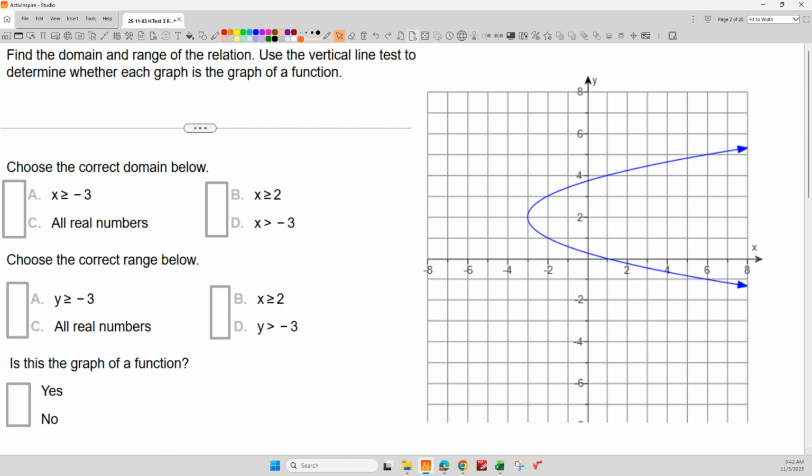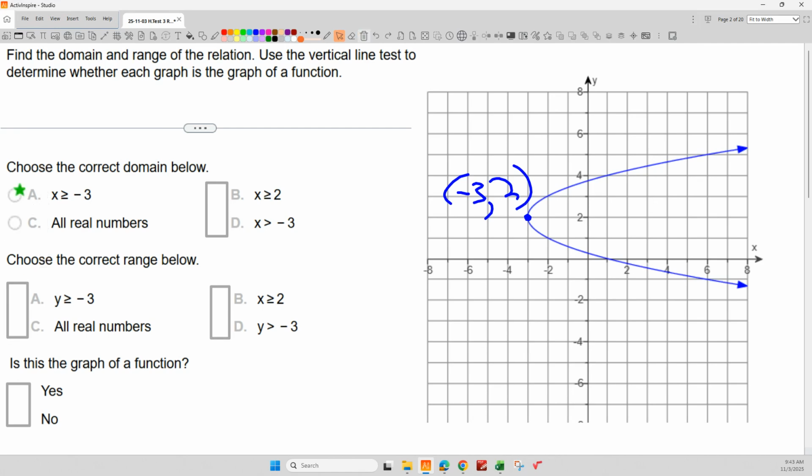Greater than or equal to, right? How come we have to include -3? Well, because there is a point on this function with an x coordinate of -3. Agreed? Like if we look at this one point right here, it has coordinates -3, +2. So we have to do A.